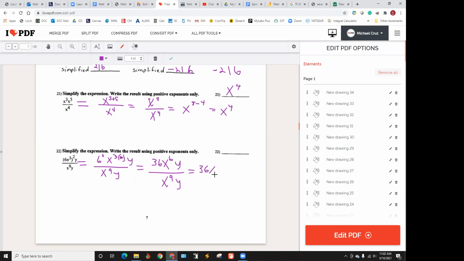And the x is 6 minus 9. And then this is y, 1 minus 1. If you need to do that, I'm just doing it just to kind of show that I'm not getting rid of it or anything. So it's 36.